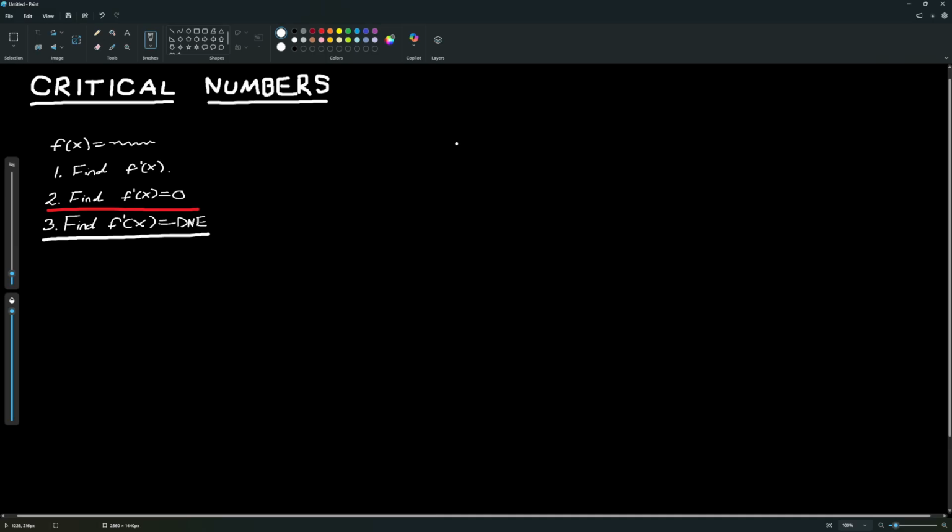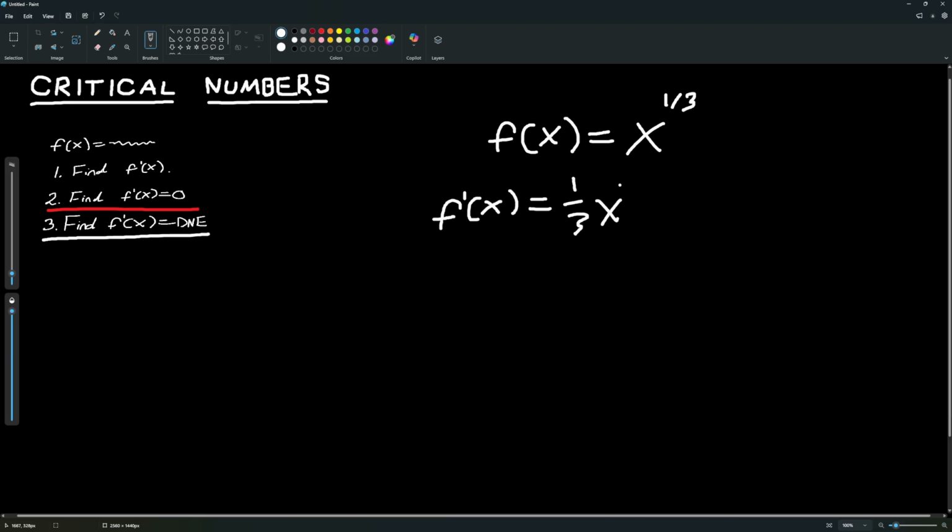An example of having to use step 3 would be for the function f of x equals x to the 1/3 power. Finding the derivative of this, we get 1/3 times x to the negative 2/3, which if we simplify this to make it look better, we would get 1 over 3 times the cube root of x squared.